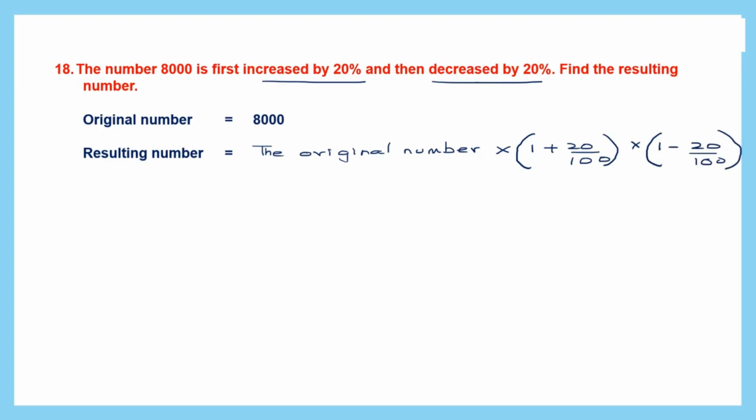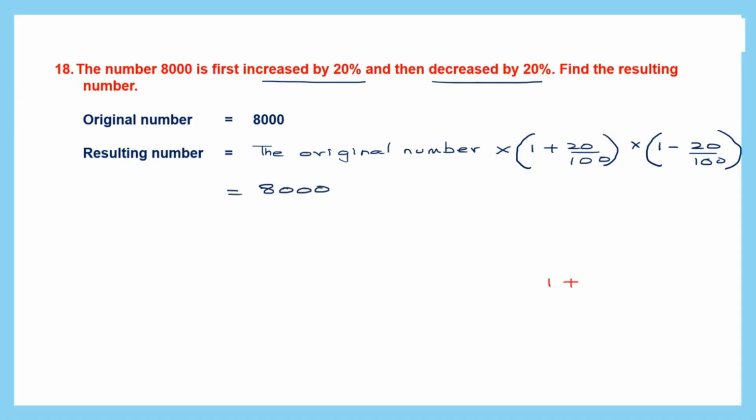Here it is 1 plus 20 by 100, plus because it says increased, and here it is 1 minus because it says decreased, and both are 20%. Now we can solve this and get our answer. The original number is 8000. Let's work this out: 1 plus 20 by 100.